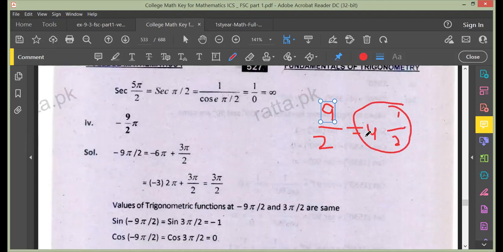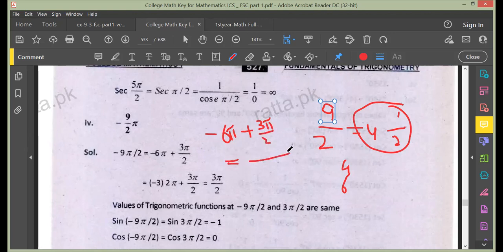So an even multiple of minus 4 will be equal to minus 2, which will be equal to 4, 6. We have to write the second angle as positive. So you can write it as minus 6 pi plus 3 pi by 2.